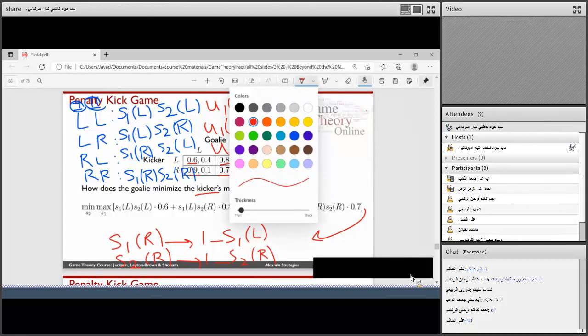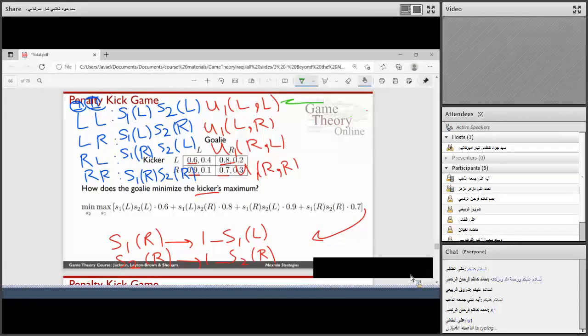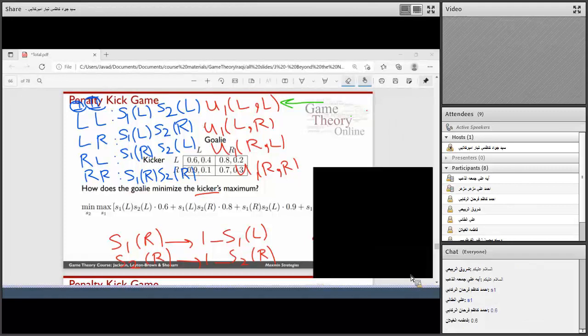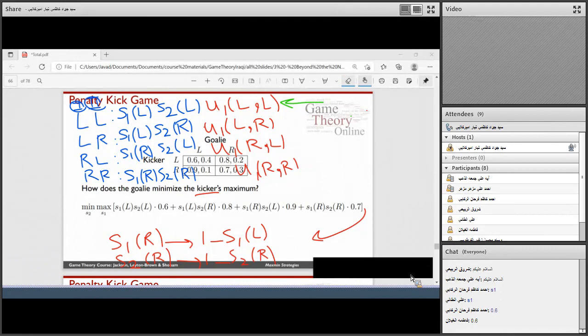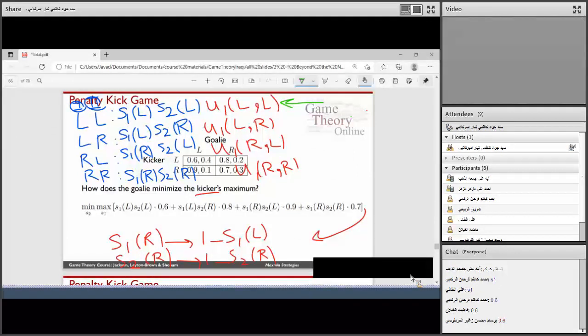In other words, I'm interested in the value of this guy. The answer is 0.6. That's correct. So that's why I see this here: S1 of L, S2 of L times 0.6. That explains the first one.